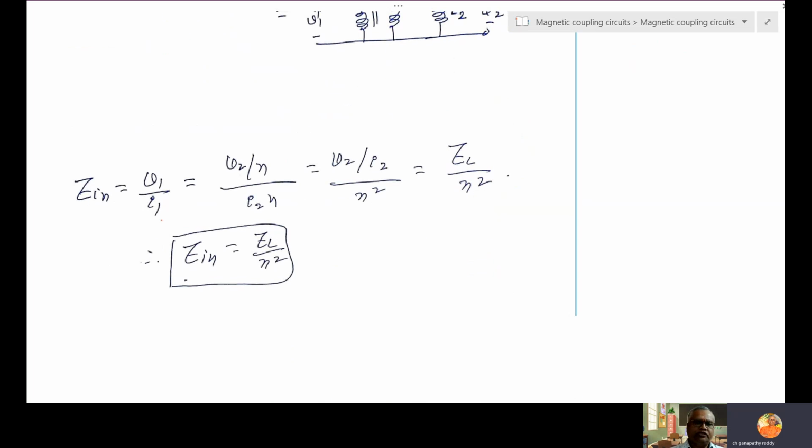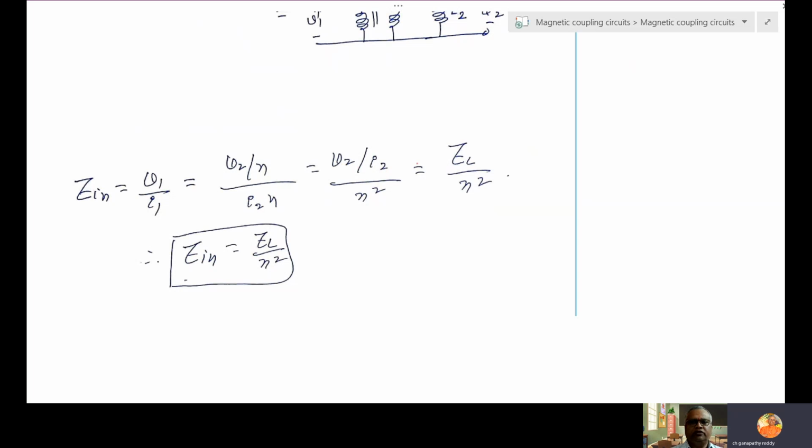There is one more derivation, the primary impedance. We used this earlier: Zn equal to ZL by N square. So how to derive that? Primary input impedance is V1 by I1. V1 equal to V2 by N, I1 equal to I2 into N. Now V2 by I2, this N will come down, so N square.